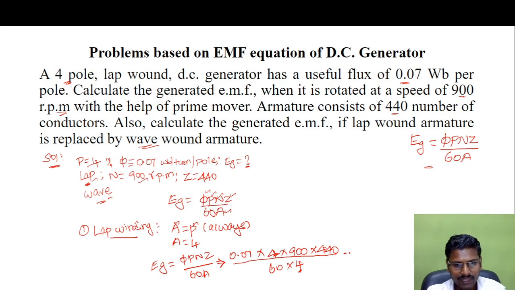After manipulating these values, we get 462 volt. This is the EG value for lap winding, the generator voltage when the armature winding is lap winding.